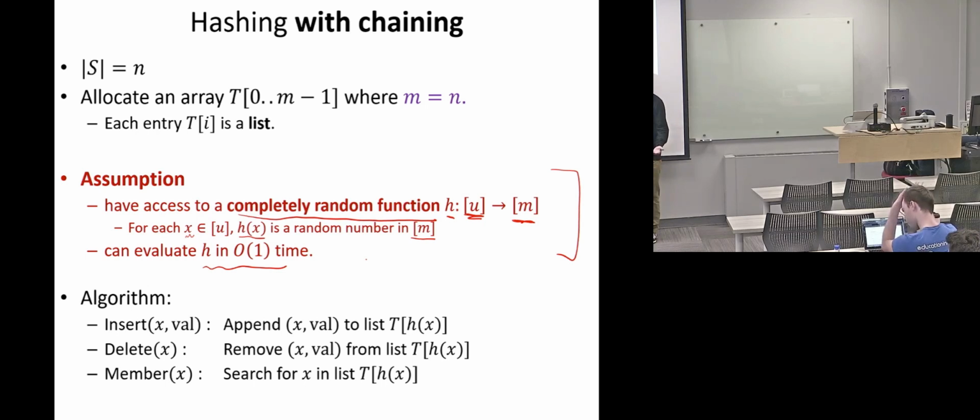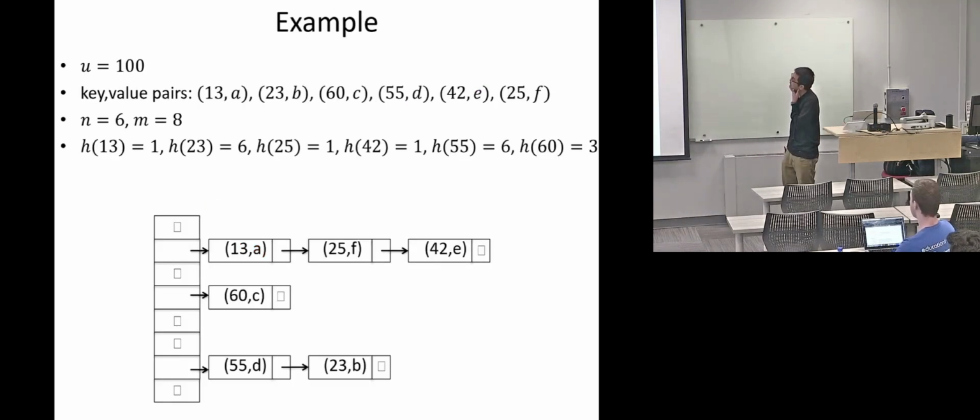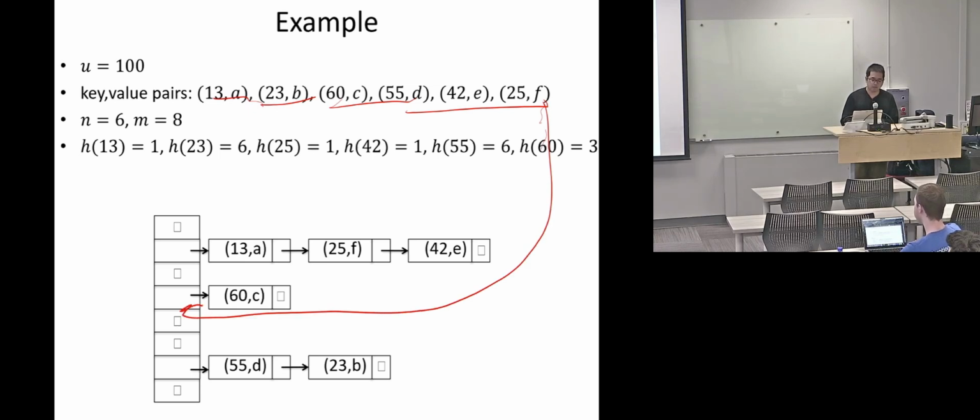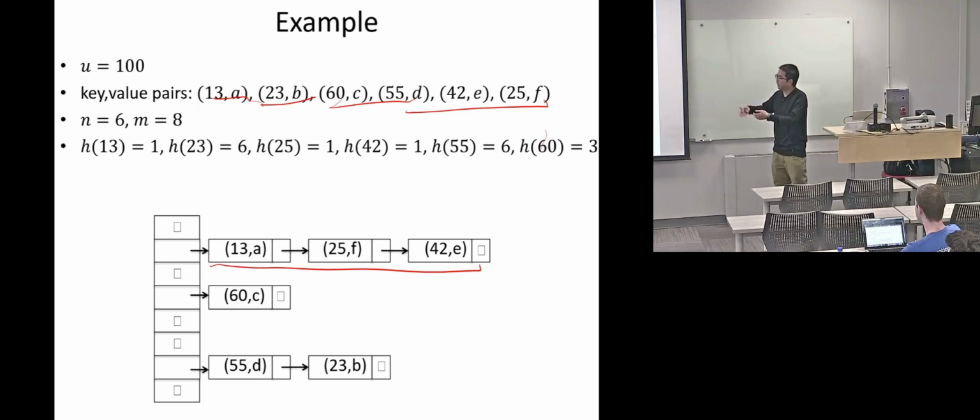And if I want to look up x, I just look at the list at the position h of x. So this here is an example. For each pair, it goes to a random place, and if they go to the same place, then they are linked by the linked list. Is it clear?